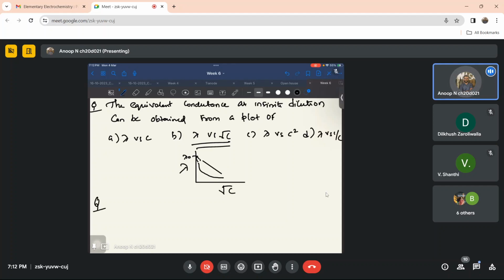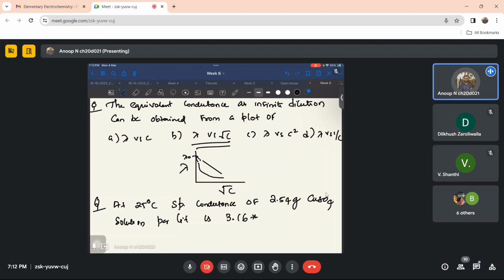Okay, so the next question is: at 25 degrees Celsius, the specific conductance of a 2.54 gram CuSO4 solution per liter is 3.16 into 10 raised to minus 3 Siemens centimeter raised to minus 1.